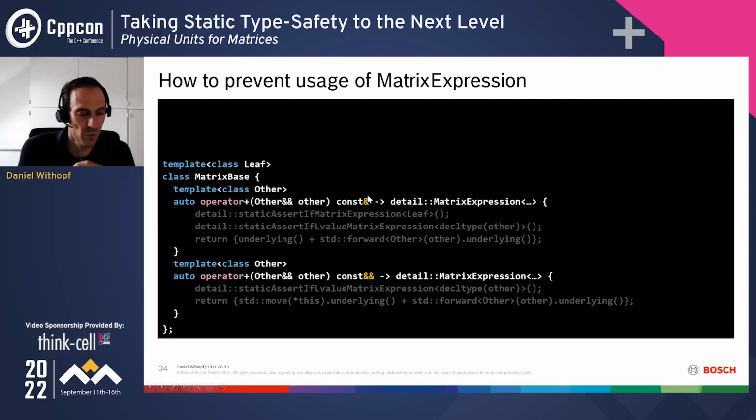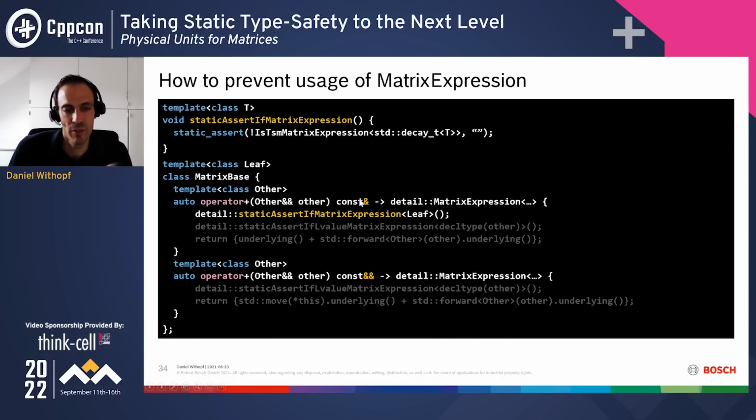We need the first overload, which is the lvalue reference qualified overload, and the second overload, which is the rvalue reference qualified overload. And now in the lvalue reference qualified method, we simply verify that the argument that we're calling that method on is not an lvalue matrix expression. If it would be, then we fire a static assertion and the user is alerted to the problem.